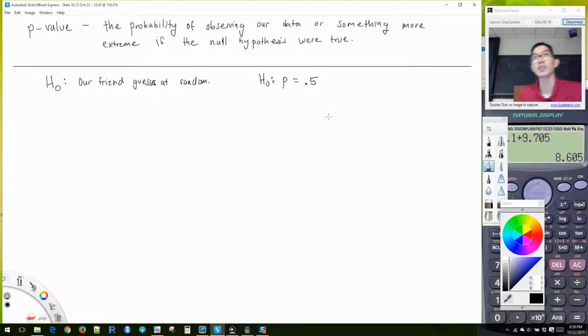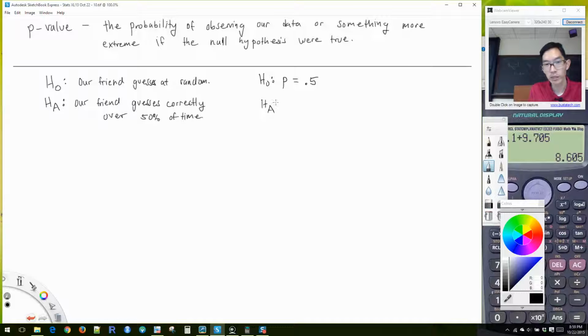Just landing heads or tails, he's going to be right 50% of the time. The alternative, we don't claim to understand how he's doing it, but we're saying our friend guesses correctly over 50% of the time. So our alternative, which we write HA, is P greater than 0.5.